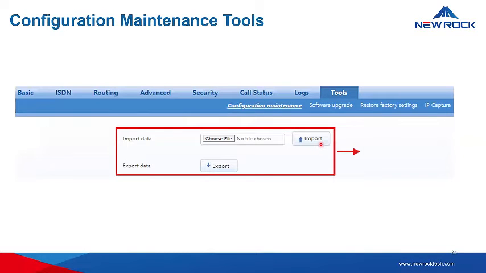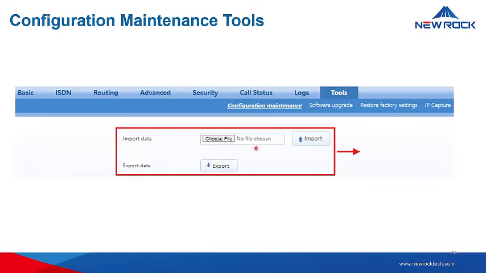With regards to the configuration maintenance tools here, you can also export and import the data. This is very helpful with regards to deployment. Some of the customers just simply play with our device, and the administrator one day is having a problem. Why is this one not functioning, when in fact a few hours ago it was already working?